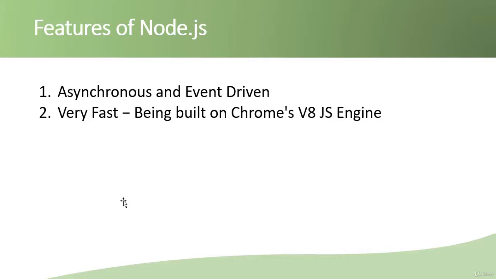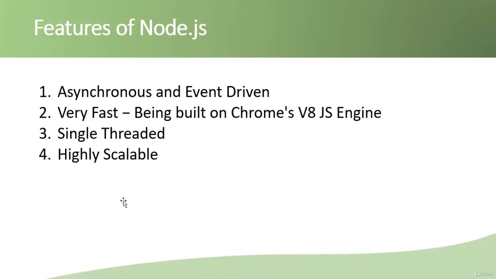Node.js is really fast because it is built on Chrome's V8 JavaScript engine. Next, it is a single-threaded application. As I discussed in the previous slide, Node.js is single-threaded, and all the processes run in a single thread. Next, it is highly scalable because it is really fast. We use Node.js to build our web servers, which we're going to do in this course.